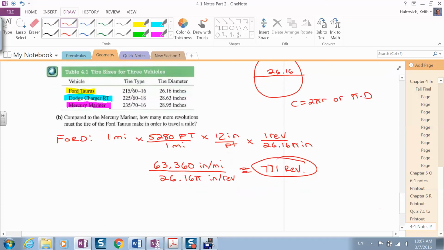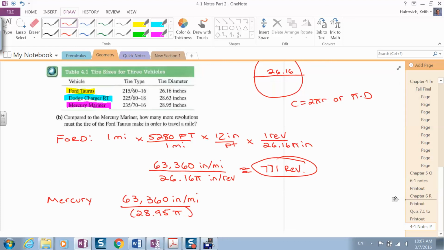Now, for the Mercury Mariner, we're going to do the same thing. We take 63,360 inches per mile and divide it by 28.95 pi, because the diameter is 28.95, and we multiply by pi to get the circumference.